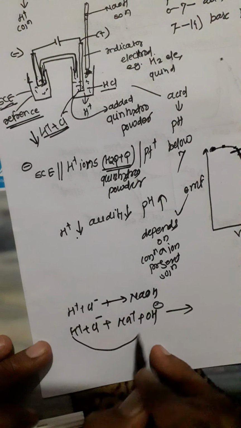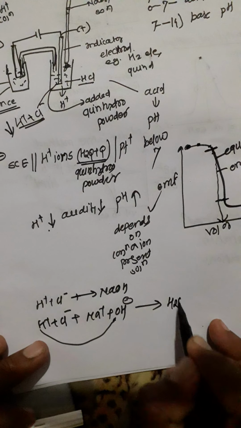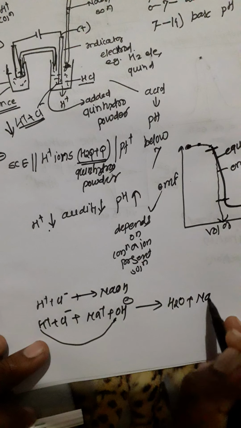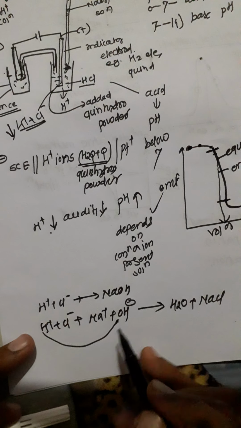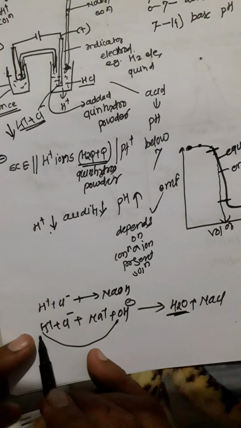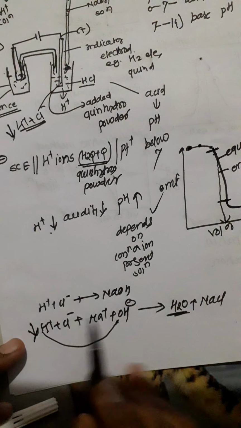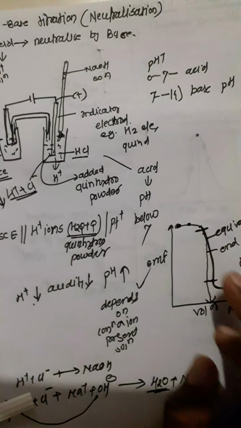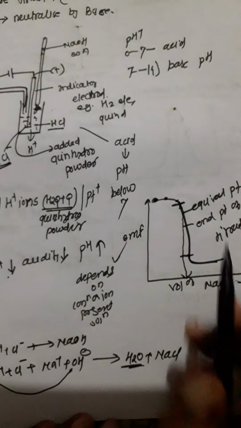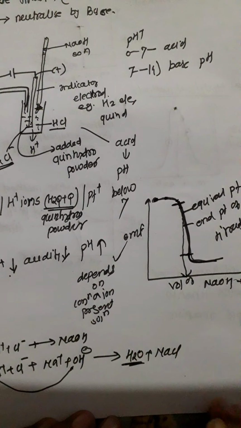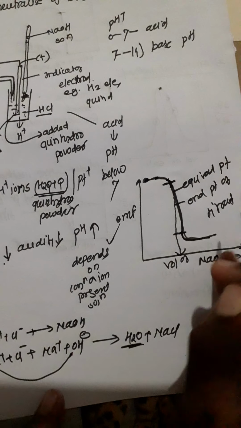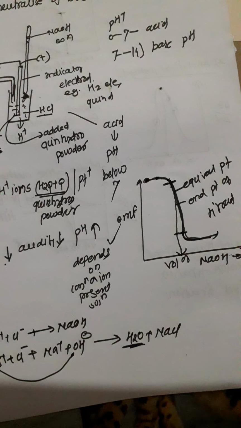This H plus and this OH minus react to form H2O, and this forms NaCl. That's why H plus ions decrease and the EMF decreases. That's why this curve shows decrease in EMF.